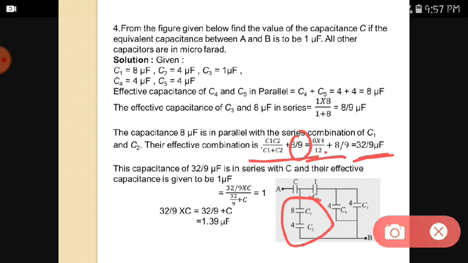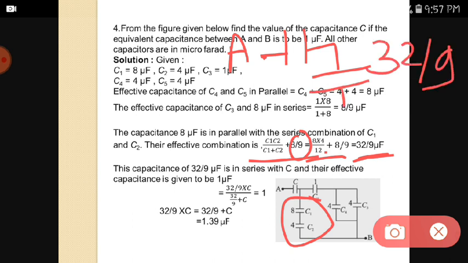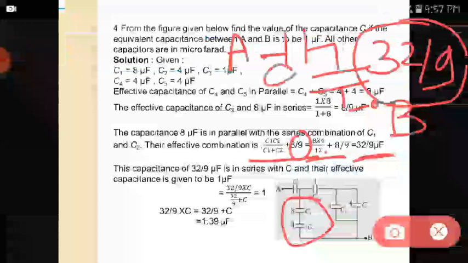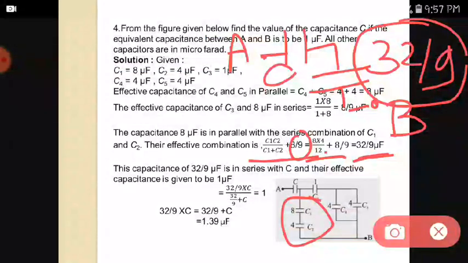So only one remains. Here is A, here is C, and I am getting here 32 by 9, which is the only one, and here is the B. By doing all the combinations of C1, C2, C3, C4, C5, we have got only one capacitance, which is 32 by 9, and it is in series with this C. And what is the effective of them?